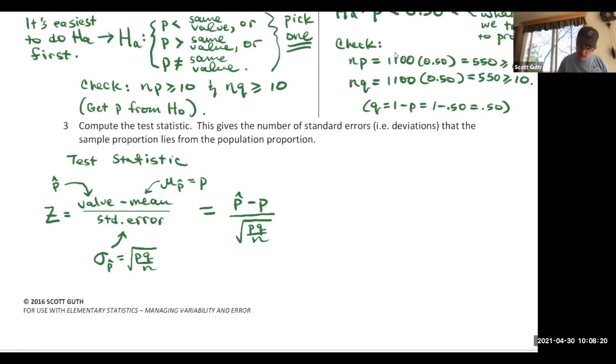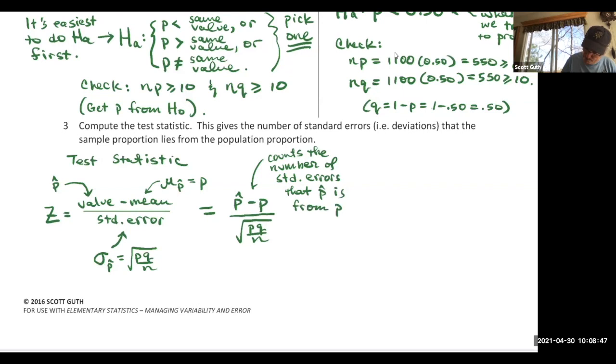So this counts how many standard errors P hat is below P. So that'll help us determine if it's significantly less than 50%.